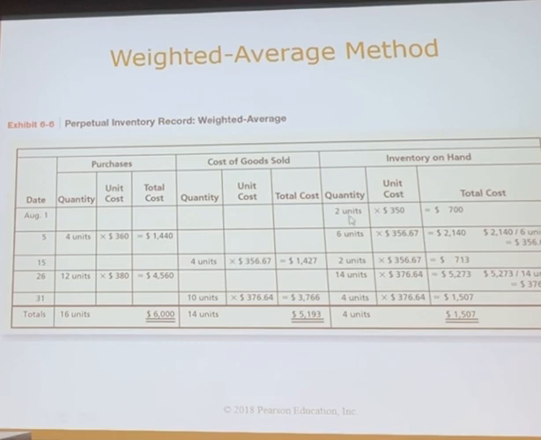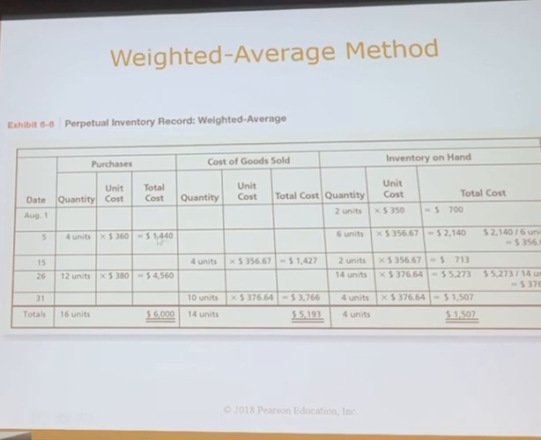So that's the 2 units that we had in our beginning inventory plus the 4 units that we just purchased. So then $2,140 divided by 6 units gives us a new weighted average cost of $356.67. And then we plug that in here as our unit cost, but it's our new weighted average unit cost.